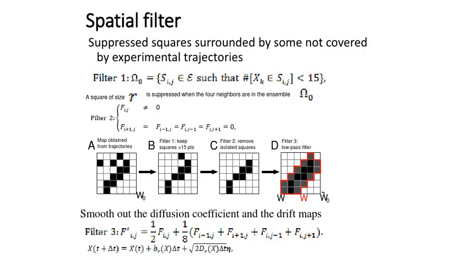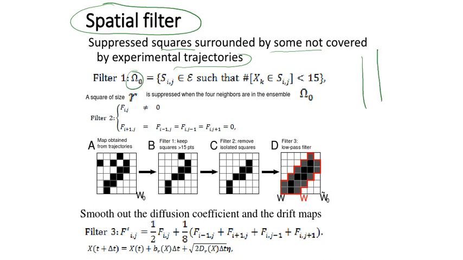So now let me describe the notion of spatial filter. This can be extended, of course. So the first thing is that we can suppress squares surrounded by some that are not covered by experimental trajectories. For example, first of all, we can look at the square here that contains less than 15 points.